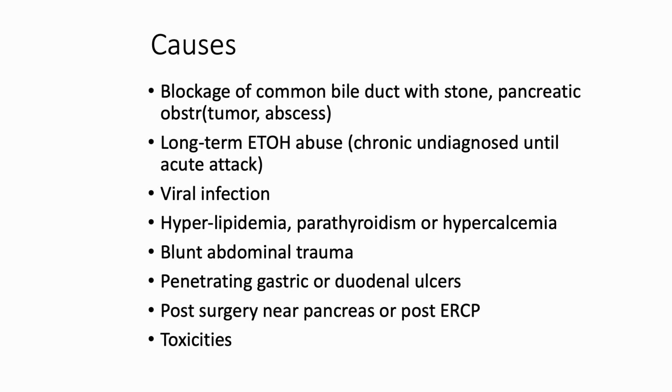You can have penetrating gastric or duodenal ulcers, and then often after surgery that occurs near the pancreas, or patients that have had an ERCP, you can see pancreatitis after that. And then certain toxicities.